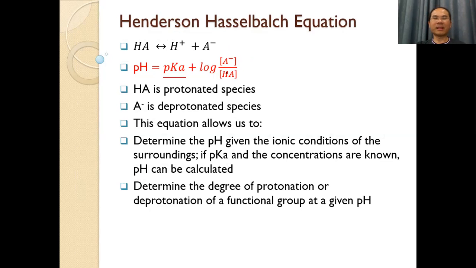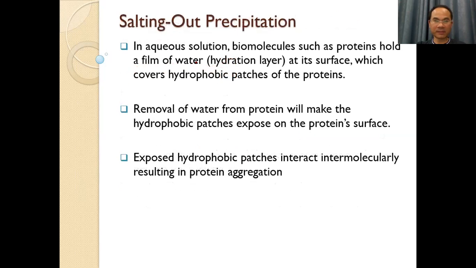This equation allows us to determine pH given the ionic conditions of the surroundings: if pKa and the concentrations are known, pH can be calculated. Also, we can calculate the degree of protonation or deprotonation of a functional group at a given pH.